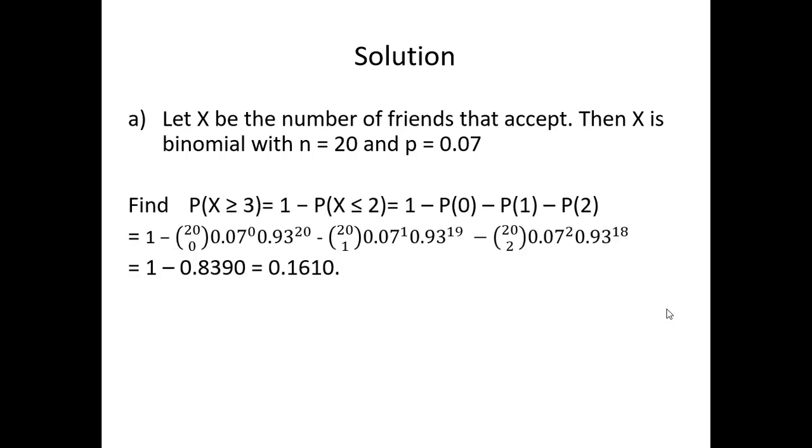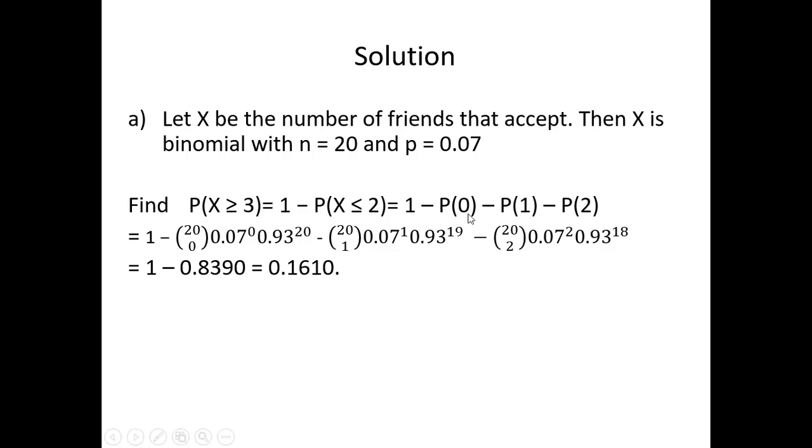So we want to find the probability that 3 or more accept. Well, we could find this using the complement. So this would be equal to 1 minus the probability X is less than or equal to 2. And we'll think of this as 1 minus the probability X is 0, minus the probability X is 1, minus the probability X is 2.